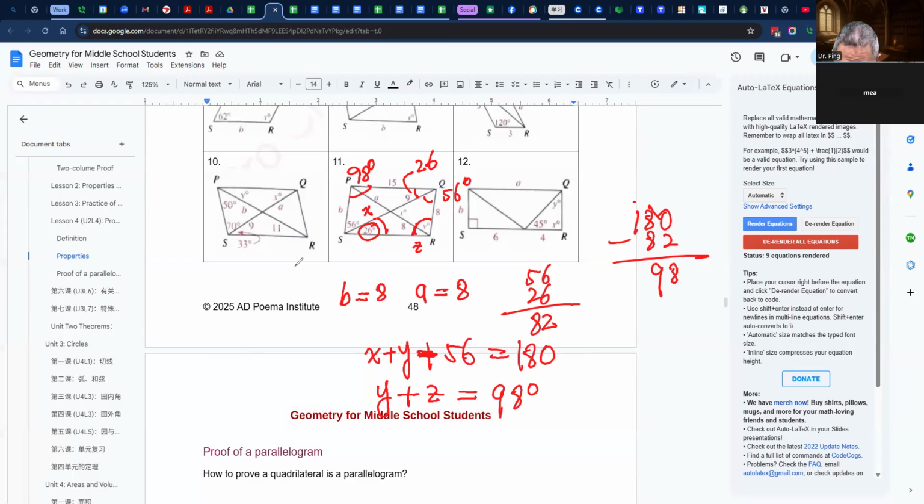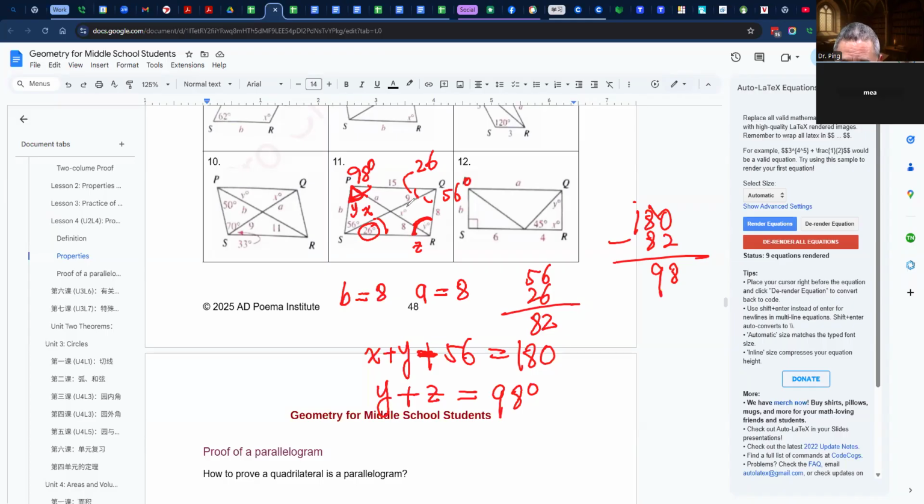And we know this side will be equal to this side. So that's also Y. So let me see. This is X.